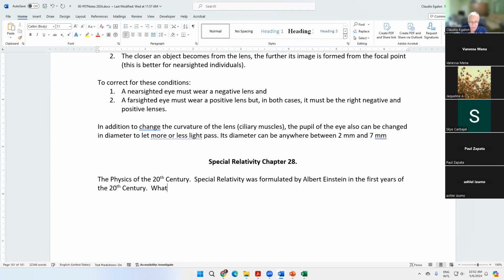What Einstein discovered is very simple to formulate, and yet very counterintuitive as well.